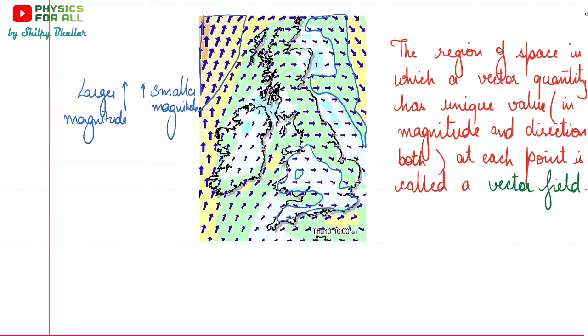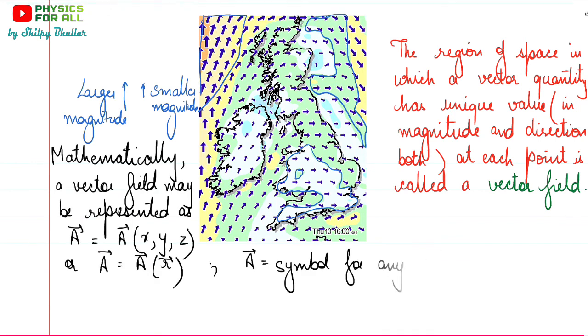And then we can express a vector field also mathematically. So the way of representation is almost same, but the only difference is here you can see the arrow. On both sides you can see that the quantity is being written with an arrow overhead. And again xyz components, because a vector wants both things, both magnitude as well as direction. So this arrow does the work of showing the direction, and then xyz are again for the magnitude part.